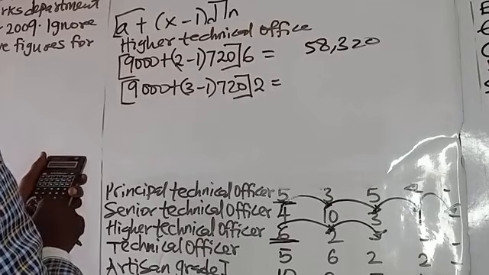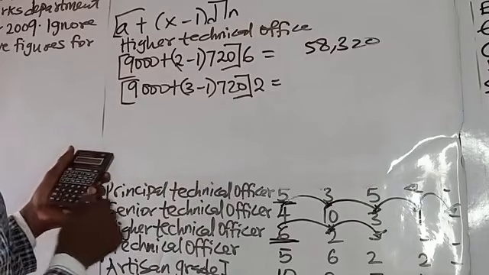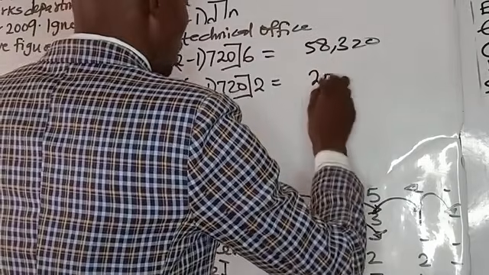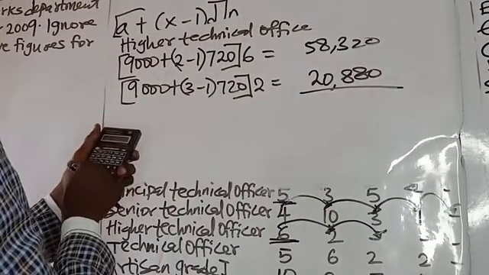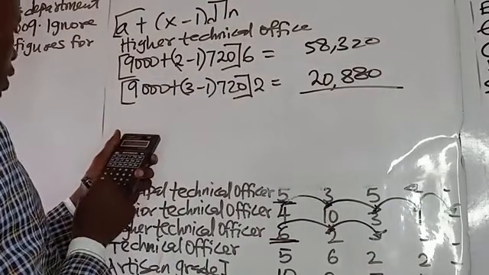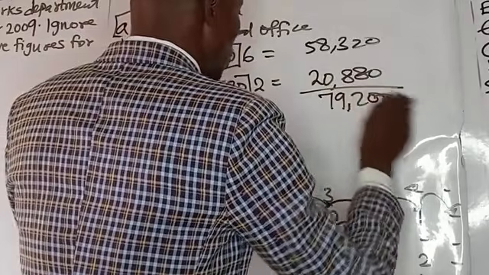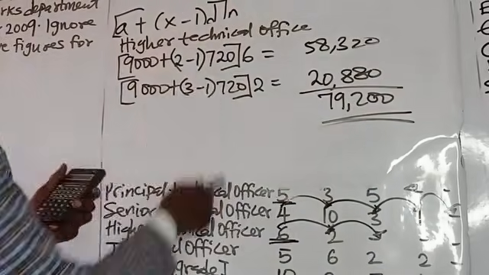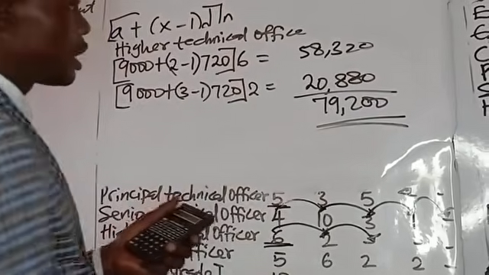We have 10,440 times 2 employees. That is 20,880. So if you sum it up, plus 58,320. So that is total 79,200. So higher technical officer. So there are 8 employees, 6 plus 2, 8. We have 79,200.